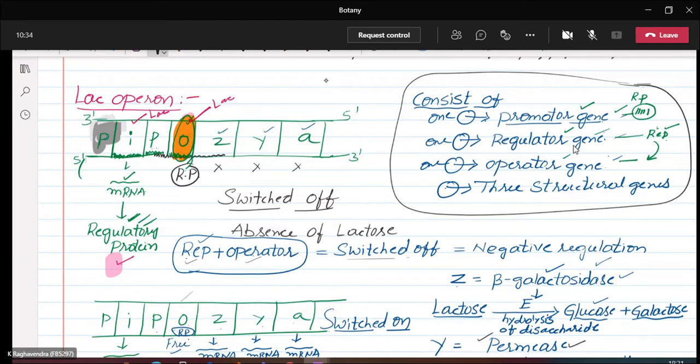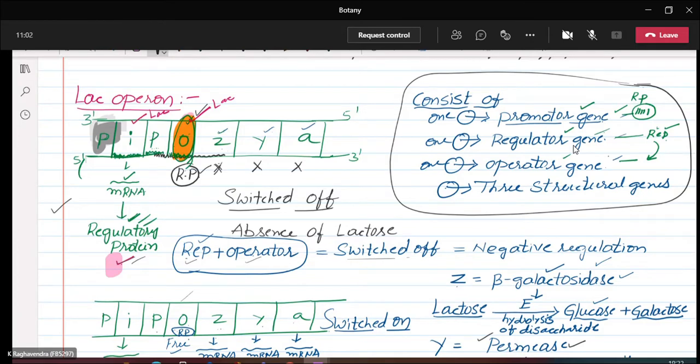When a bacteria is present in an environment where lactose is absent, this kind of operon structure we could see, where the repressor protein which is produced here will go and bind onto the operator gene, and they will not allow the RNA polymerase enzyme to transcribe Z gene, Y gene, or A gene.